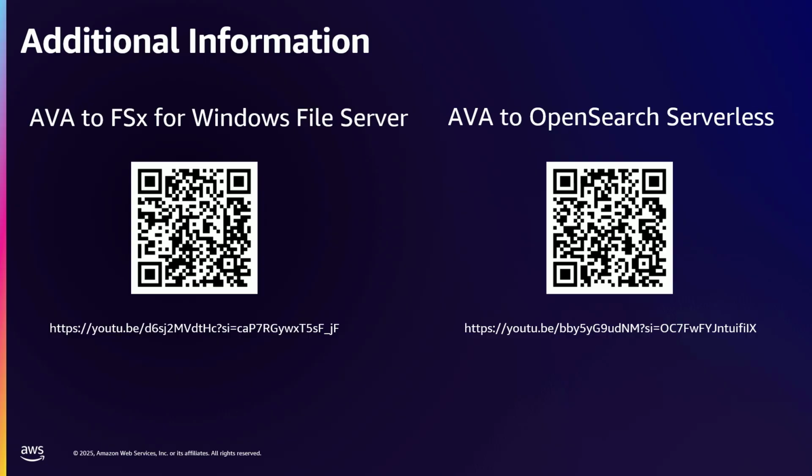And the CIDR range endpoint type is great when you have a lot of services within that CIDR range. So AVA will auto-discover those IP addresses, and it'll make all those services available through the endpoint. So it's a very convenient way to expose a lot of services and protect them and make sure you have some zero trust in place there. And the second takes you step by step to configure AVA to access OpenSearch Serverless.